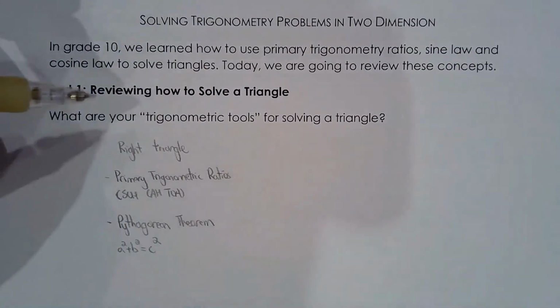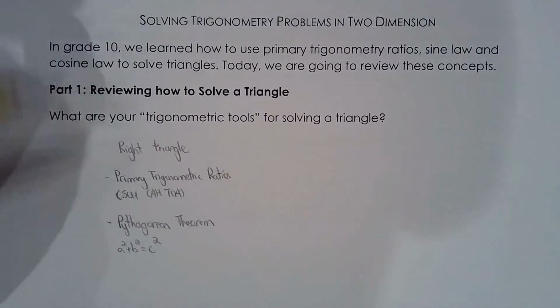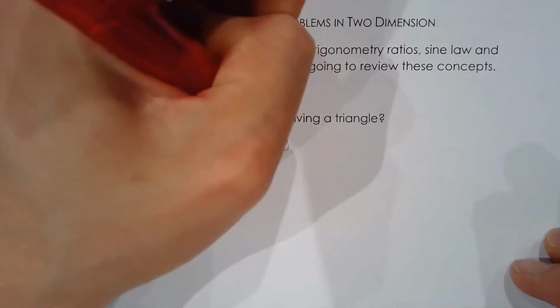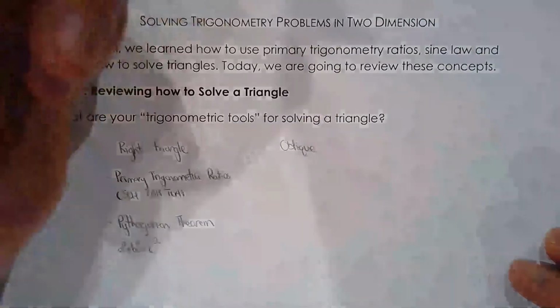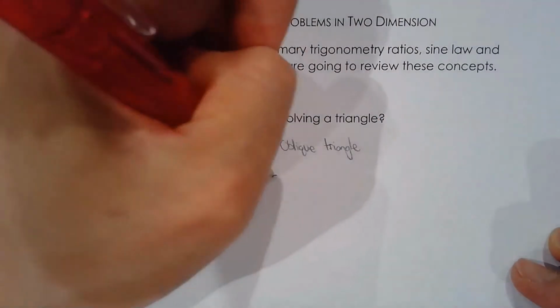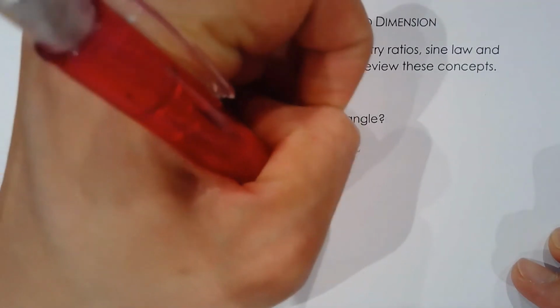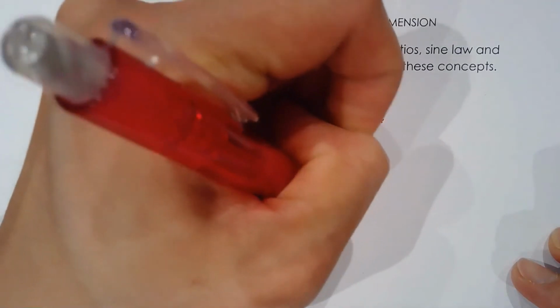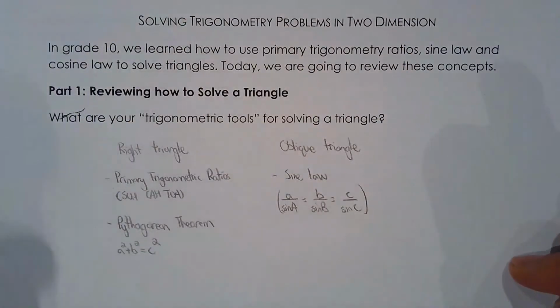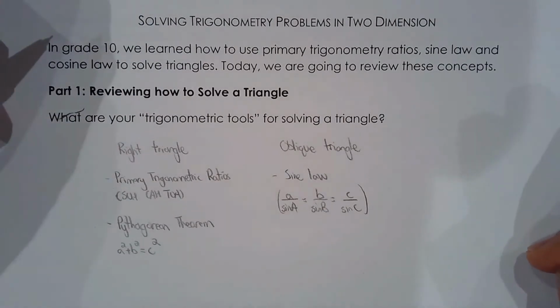Now if you don't have a right triangle, then you probably shouldn't think of SOHCAHTOA, the primary trig ratios, or the Pythagorean theorem. If you have an oblique triangle, which is a non-right triangle, you're thinking of either, hopefully remember, the sine law, which is a over sine angle A equals b over sine of angle B, which is equal to c over sine of angle C. And of course, you could take the reciprocal of all 3 ratios and generate another version of the sine law.